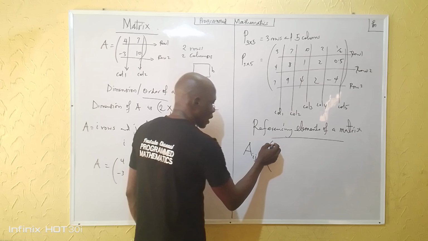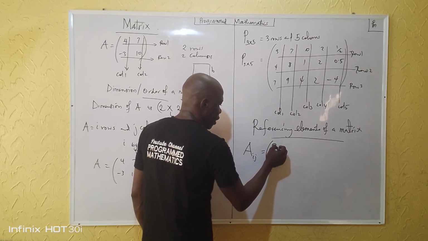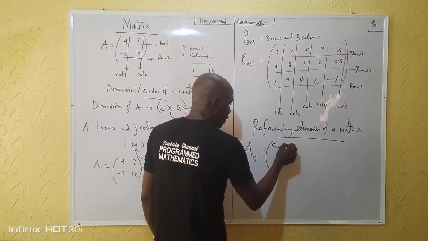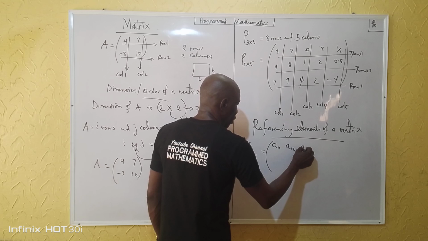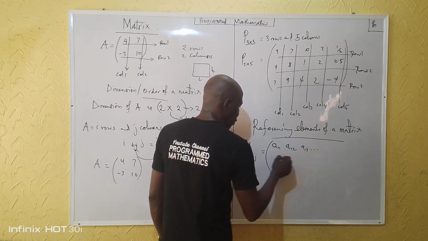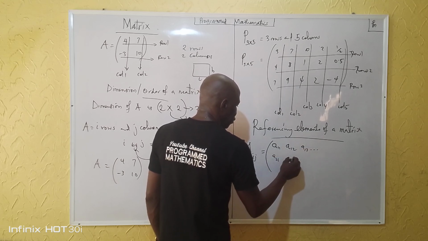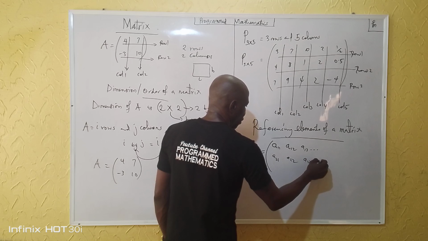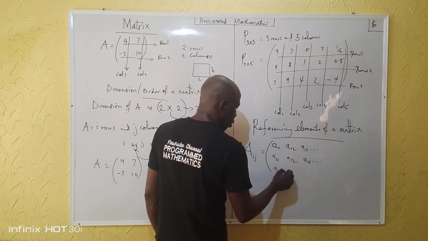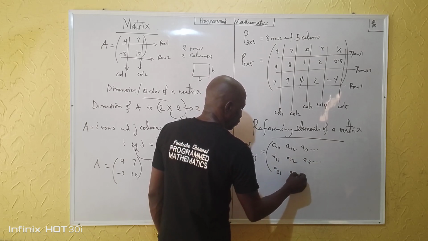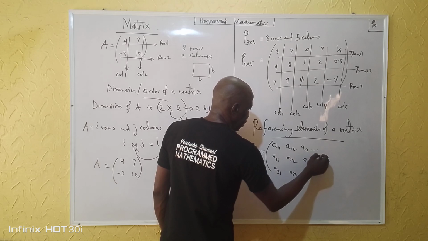Okay, so I can have a1,1. I will tell you what that means now. a1,2, a1,3, and so on. a2,1, a2,2, a2,3, and so on. a3,1, a3,2, a3,3, and so on.